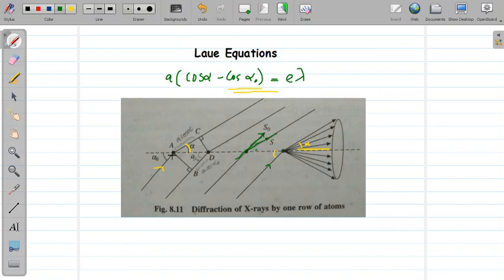So you can prove that a bar is the vector along the lattice direction. A bar dot S0 bar will be a cos alpha 0 and a bar dot S bar is a cos alpha.